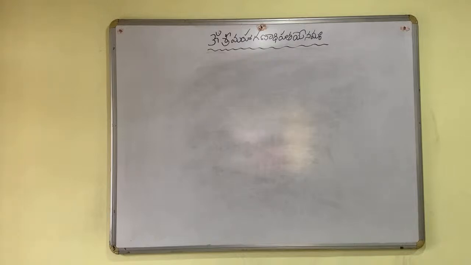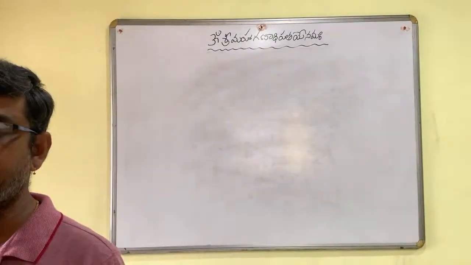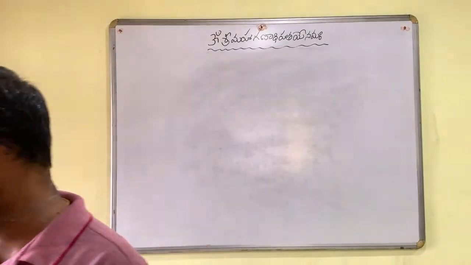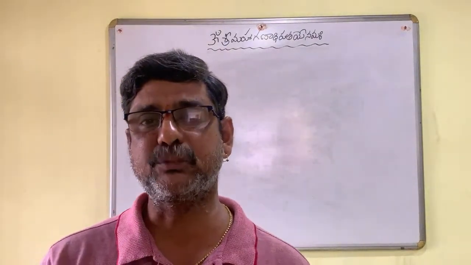A hemispherical ball is made of steel 0.25 centimeters thick. The inner radius of the ball is 5 centimeters. Find the outer curved surface area of the ball. See, if thickness is given, first we need to understand that the ball is in the shape of a hemisphere.